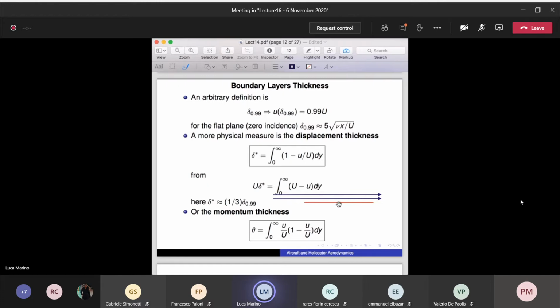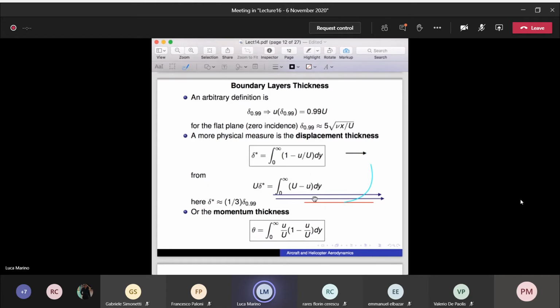Okay, if instead we have the boundary layer, we know that the distribution in terms, for example, of velocity will be something like this. Okay, for example, starting from 0, we will go to the external value of the velocity, which we can write as u, as I named u here.